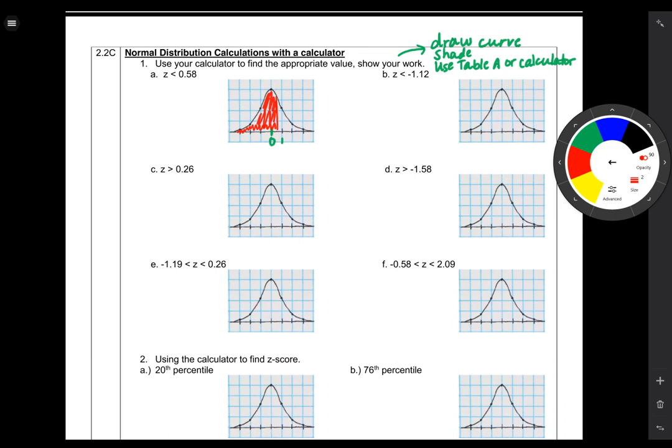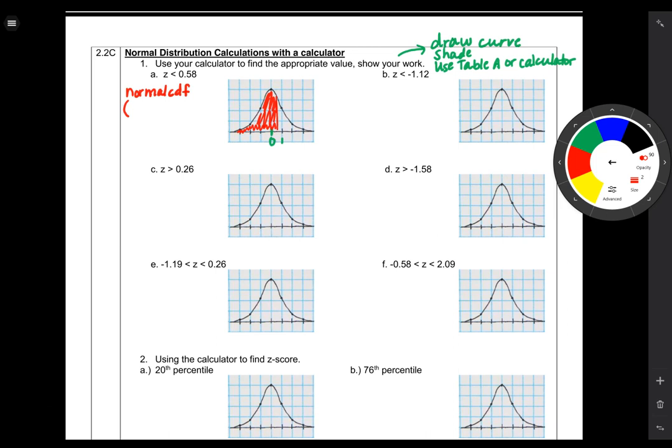So how do we use a calculator? We are asked to find the area because we are given the z-score. So we want to use normal CDF. And that's what you would write down on your paper so that I know and other people know that you know what you're doing. And so if you remember the prompts, they end up being in parentheses, and you'll see that when you look at your calculator screen.